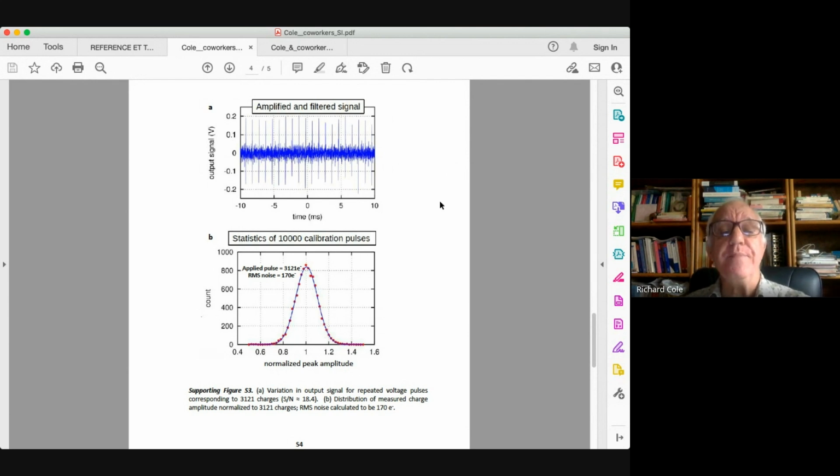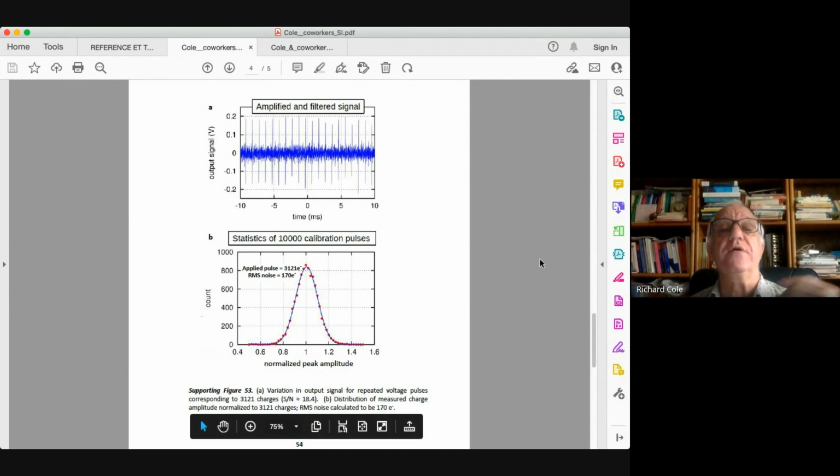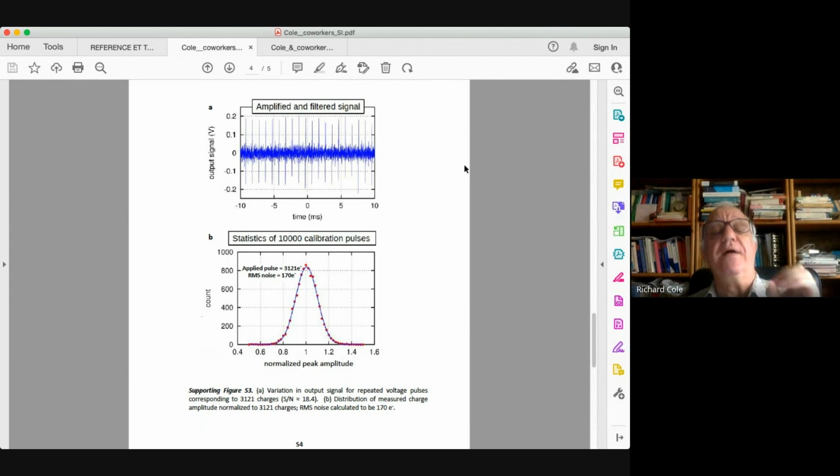How we measured it is we're giving repeated voltage pulses and doing repeated measurements on a signal that corresponds to 3,121 charges. So these little spikes that you see here are all signals corresponding to a little bit more than 3,000 charges, which appear on top of this noise level here.